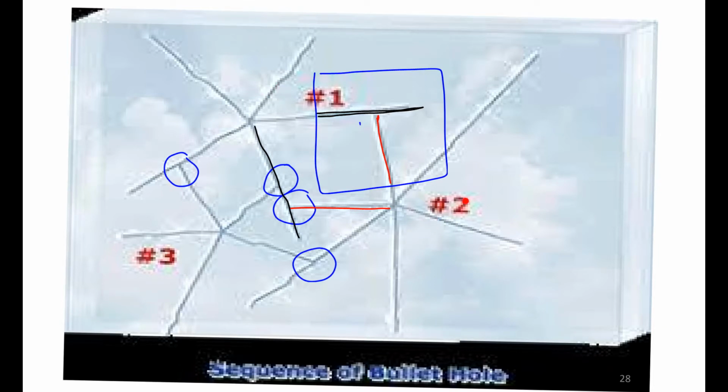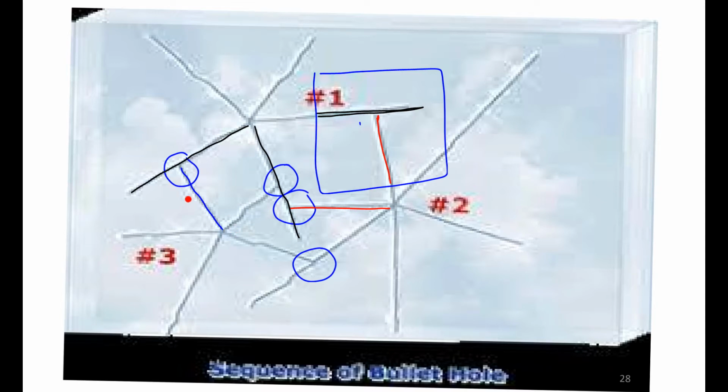Now, just to make sure that this shot down here really was fired last, I can look here. Let's make this shot blue. It stops right here, whereas my black stops right here. So it still tells me that this shot on top came before this shot on the bottom, but it doesn't tell me if this shot is number 2 or number 3 just by looking at this one point.